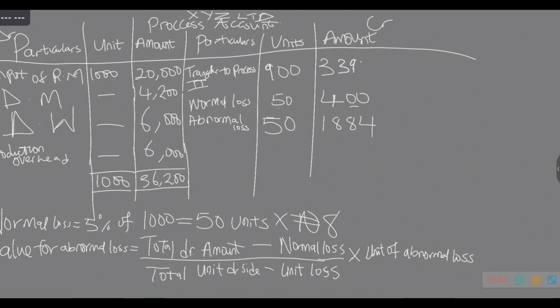So that will be the amount transferred to process 2. The addition of this will give us 36,200, and the addition of all these units will give us 1,000 units, making the process account balanced.